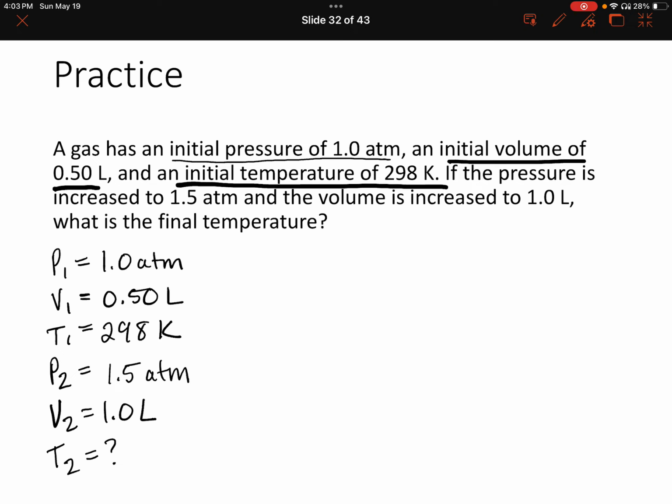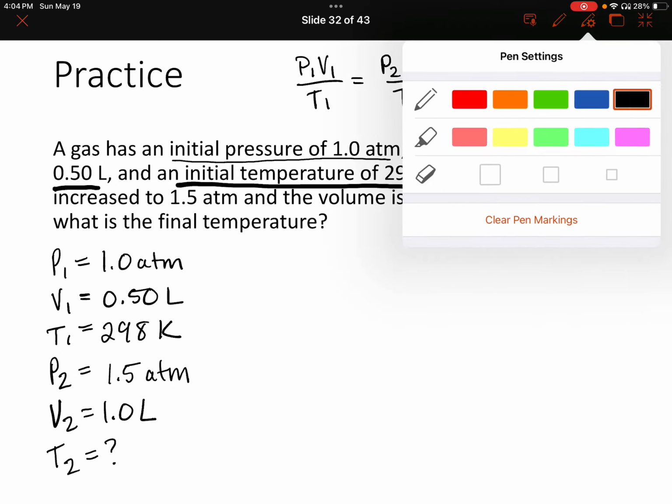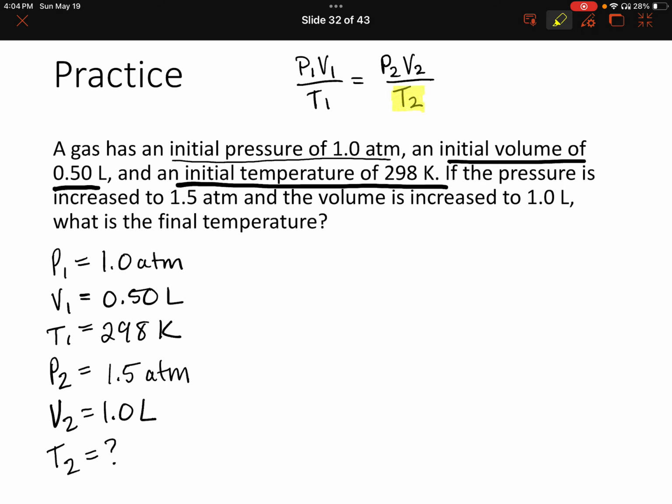Now, earlier we saw that the combined gas law gives us pressure times volume over temperature for the initial state, and that should equal pressure times volume over temperature for the final state, state 2. Now we're trying to solve for T2, so we need to rearrange our equation.